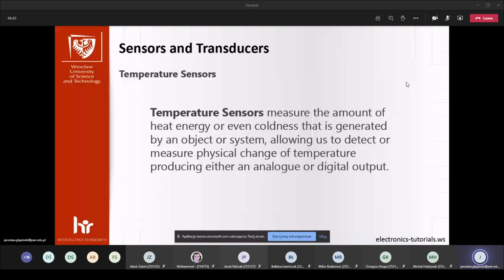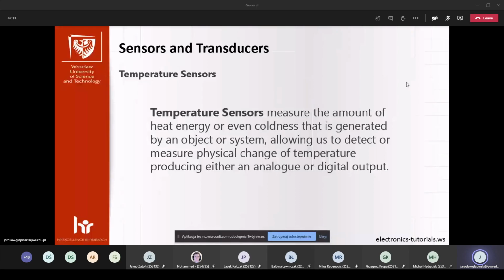Generally, a temperature sensor should measure the amount of heat energy generated by an object or a system. So we've got a system or object, and we would like to measure the temperature, which means the energy of the object.